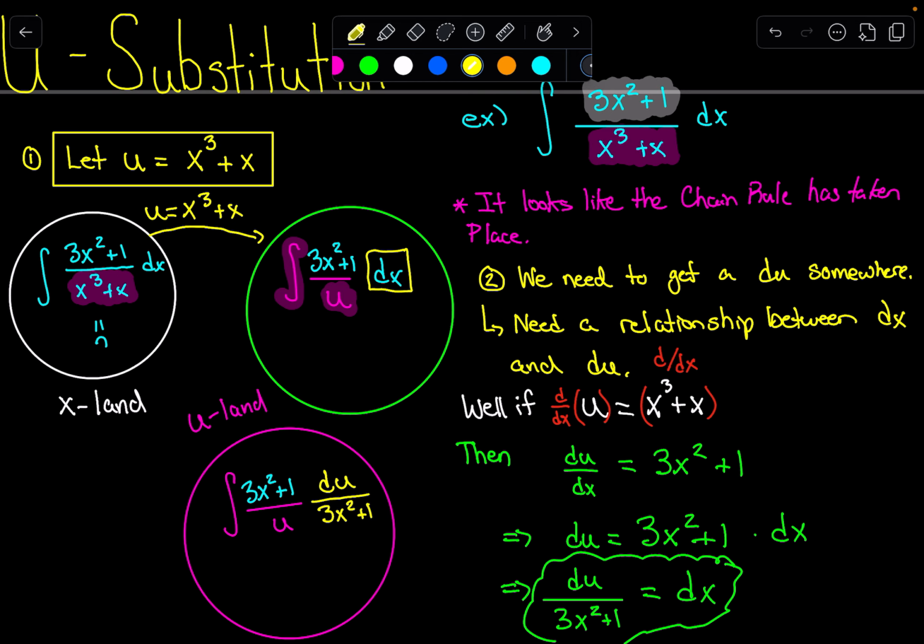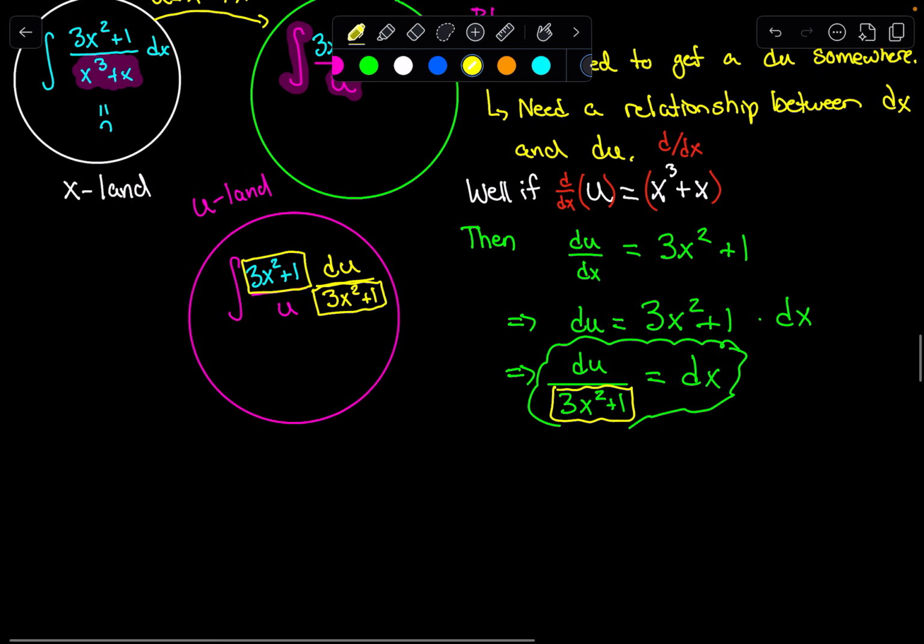And again, you might say, wait, hang on a second, I thought we wanted our dx to be only in terms of u. It turns out that in this process, because we're making a very educated decision in picking our u, we're not really picking this at random. This 3x squared plus 1 here, you'll notice, cancels out with the remaining 3x squared plus 1 that we have right there.